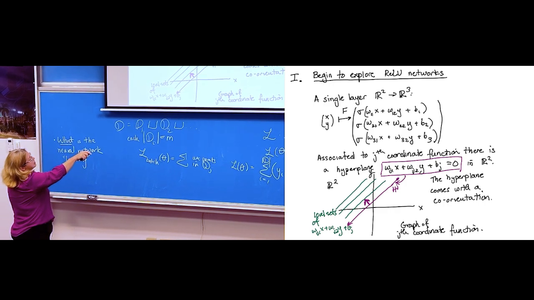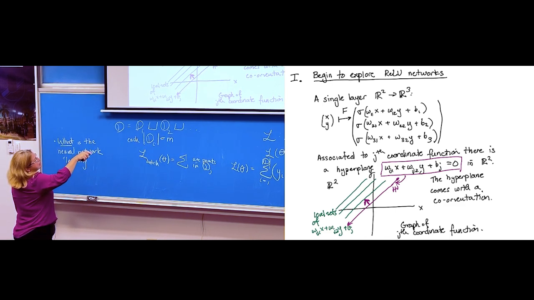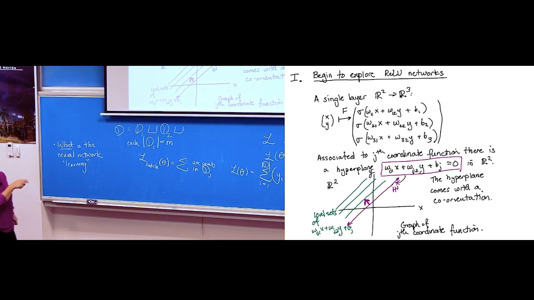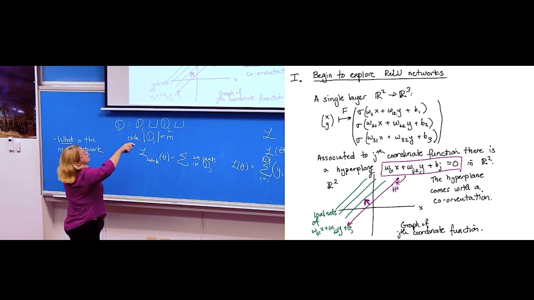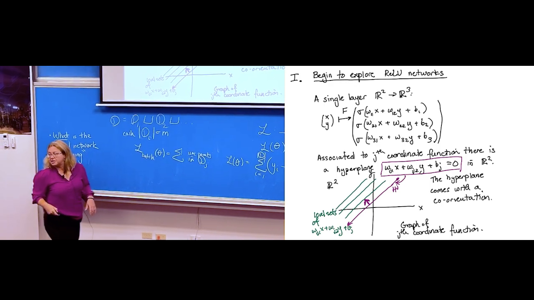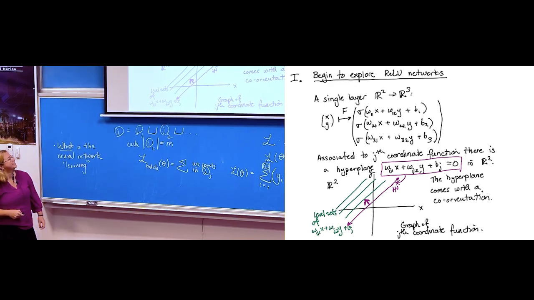So maybe here's my hyperplane. And what the ReLU function does is on the side of the hyperplane where it's negative, it just makes it 0. And then level sets are parallel hyperplanes. So each coordinate function gives you a hyperplane. That hyperplane comes with an orientation. I think of the orientation as pointing into the side where it's positive.